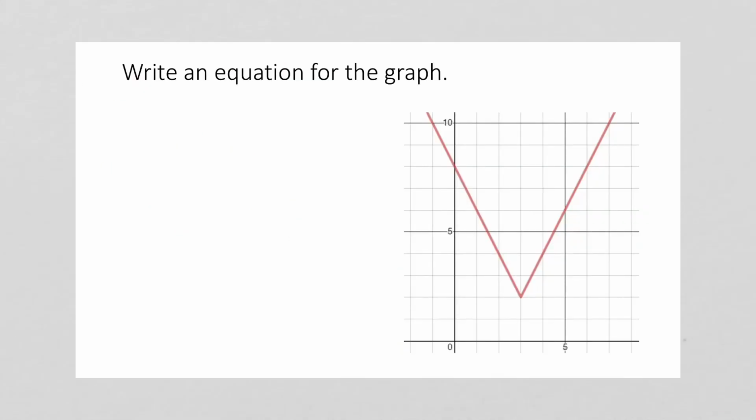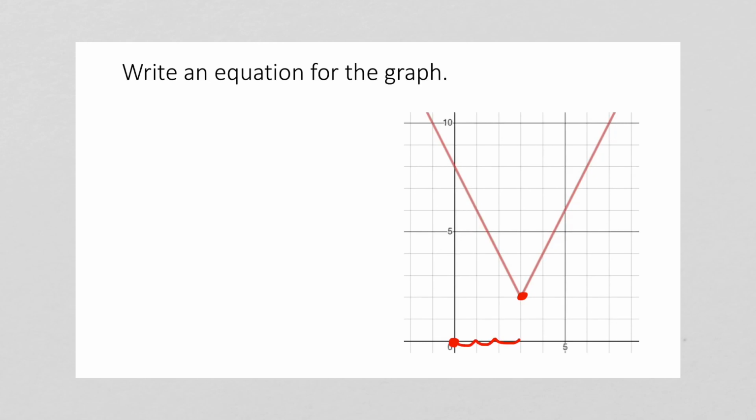Okay? So now we'll take a look at this graph and we'll write an equation for it. So the first thing you want to do is get the vertex moved, and then we'll decide whether there was some kind of dilation or compression. All right, so that dot there, if we started out with your parent function's vertex being at 0, 0, I can see I went 1, 2, 3.